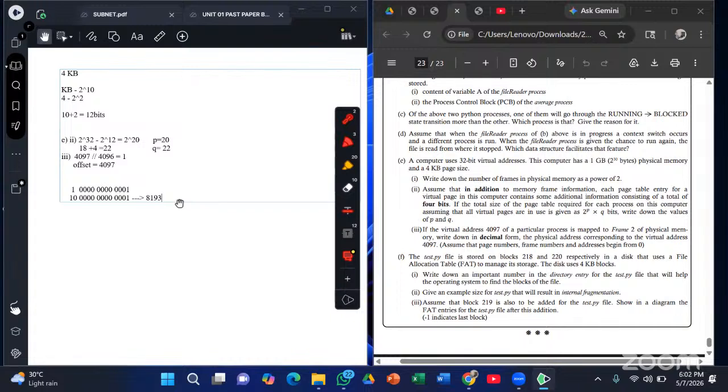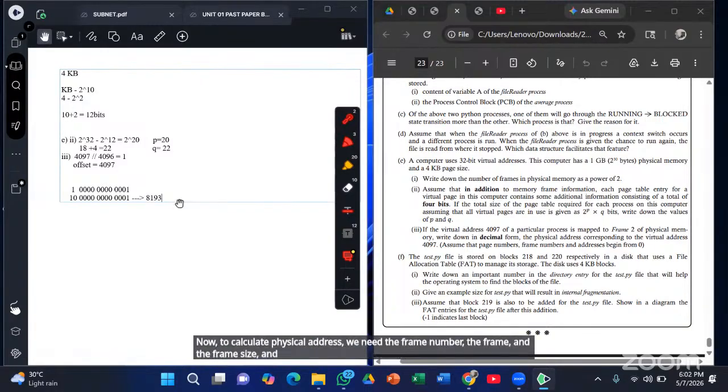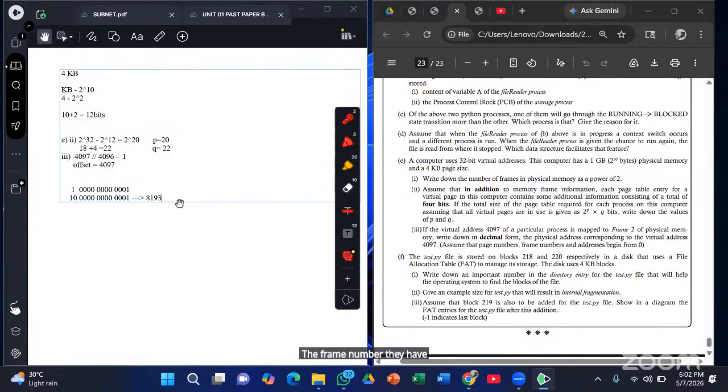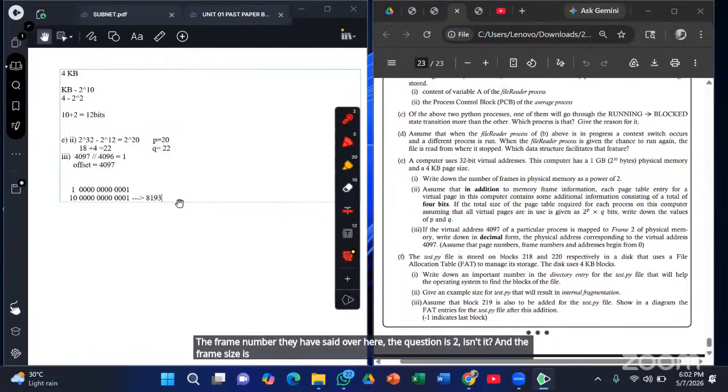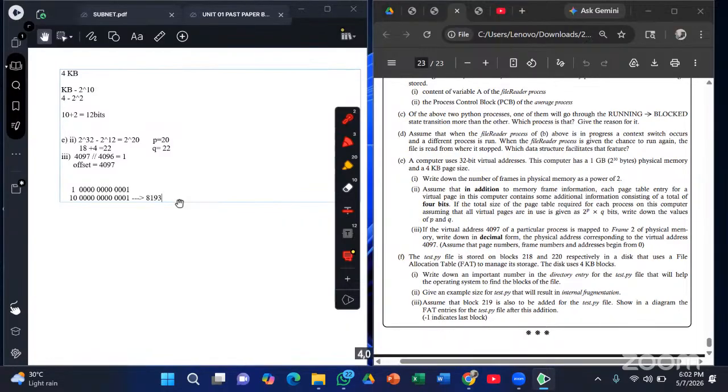Now to calculate the physical address, we need the frame number, the frame size, and the offset. The frame number they have said in the question is 2, isn't it? And the frame size is 4096. I'm putting PA for the physical address.